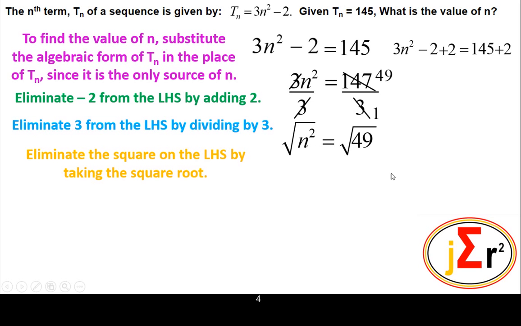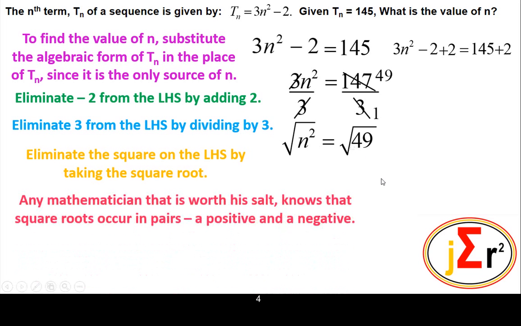Our intention is to eliminate the square, but by so doing, we have to balance the equation by taking the square root of the other side also. Any mathematician that is worth his salt knows that square roots occur in pairs, a positive 1 and a negative 1.